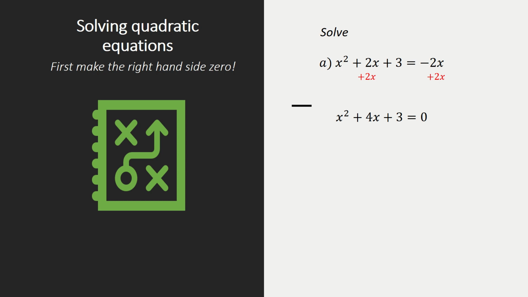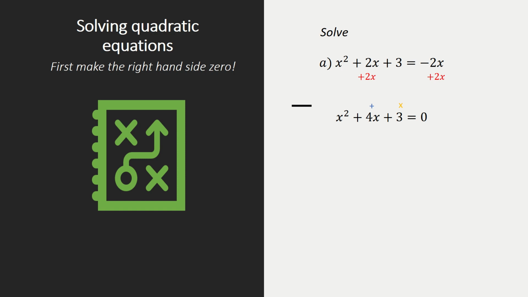So now we've got a quadratic equation that is standard and that we can solve. We know that the 4, that's the one that's plus. We know that the 3 is times. So the 4 is the sum and the 3 is the product.